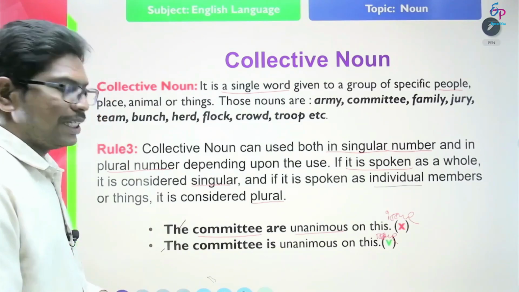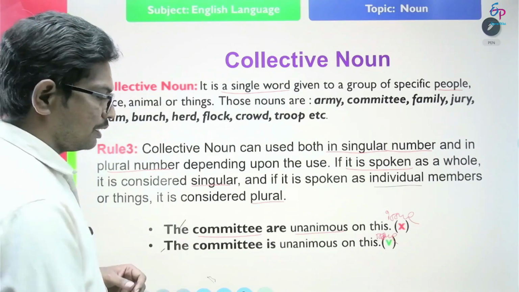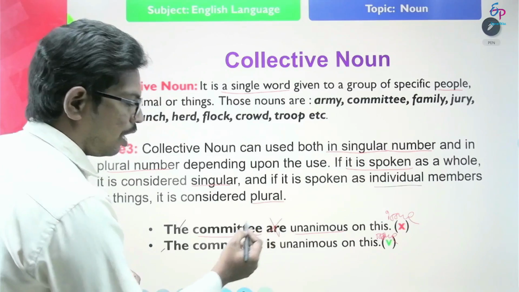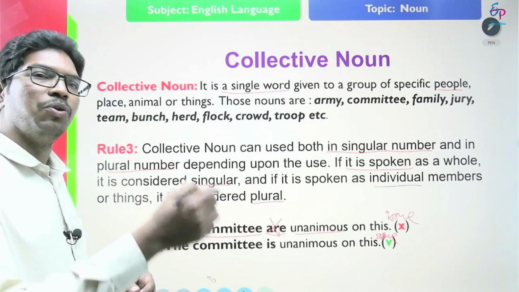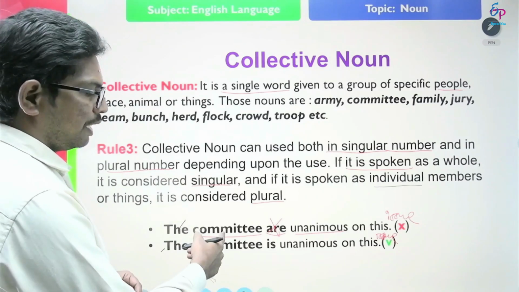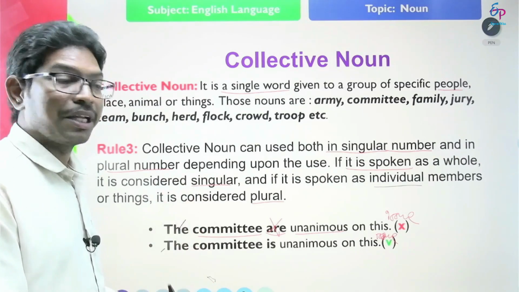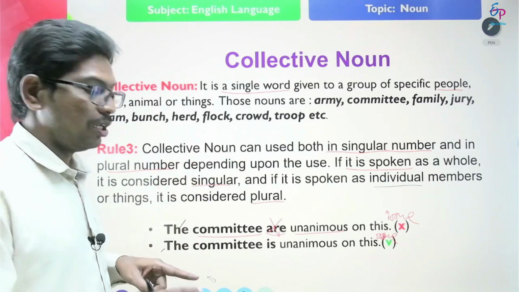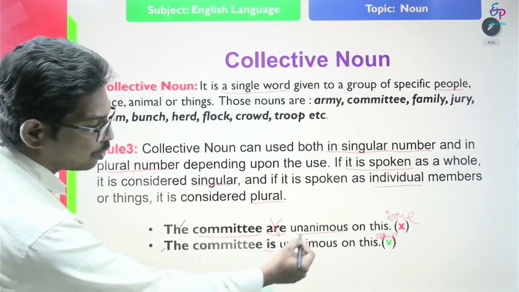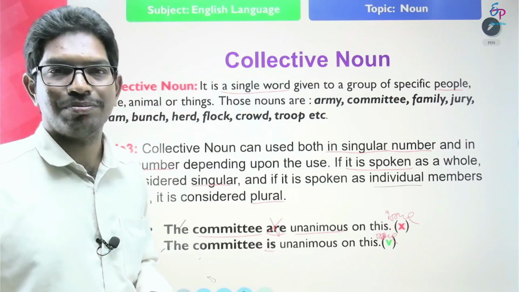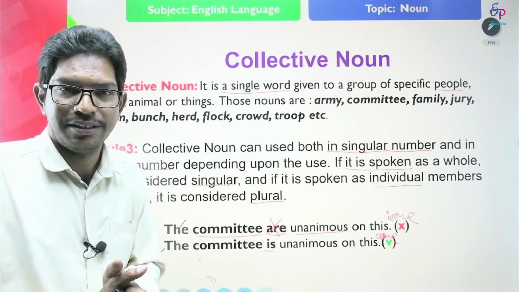So, in this sentence, what is the error? The error is at the verb. Are should not be used. Are is a plural verb that is only used with a plural subject. Committee is acting as singular because it is spoken as a whole. So the right sentence is: The committee is unanimous on this issue. That means they are united.